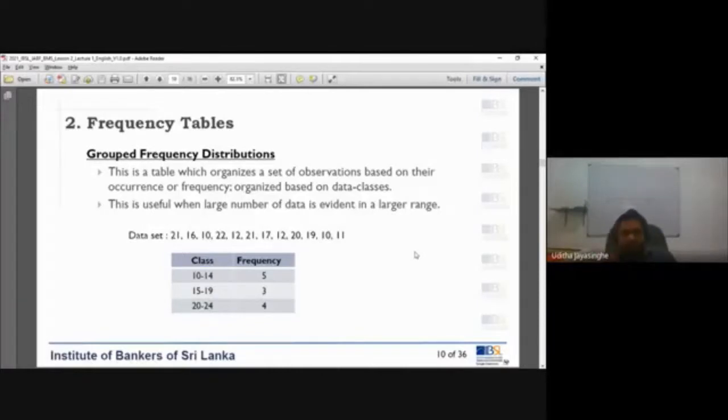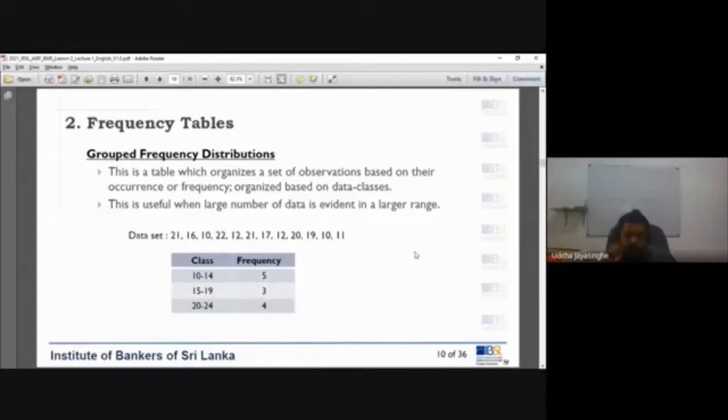You will write about, let's say I can eyeball and see around 12 data elements are there, maybe around 7 or 8 data points you will still have to identify as ungrouped frequencies. But coming to the classes, I have sliced them into 3 classes: 10 to 14, 15 to 19, and 20 to 24.